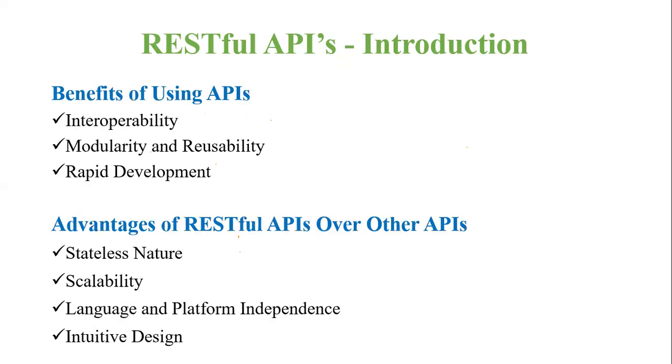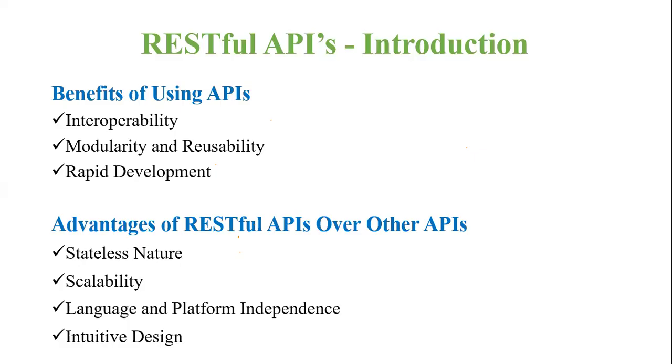Next, let's discuss some benefits of using APIs. They are noted here: interoperability, modularity and reusability, and finally, rapid development. First, let's see what is interoperability. API allows for seamless integration between systems, irrespective of their underlying technologies or platforms. And next, modularity and reusability.